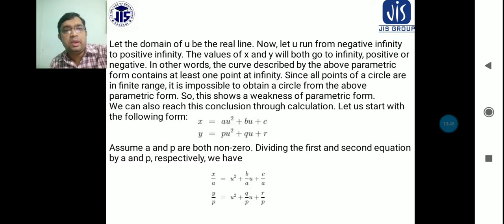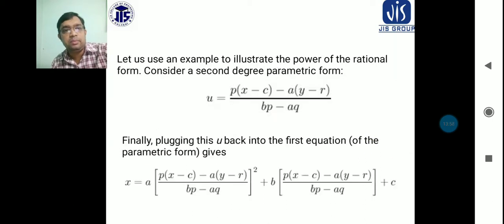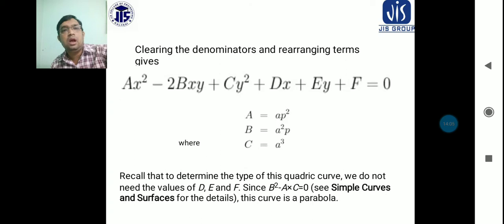You have to multiply both sides by a, putting in this value of u and calculating, so the x value is found here. Clearing the denominators and rearranging terms gives ax square minus 2bxy plus cy square plus dx plus ey plus f equals 0.